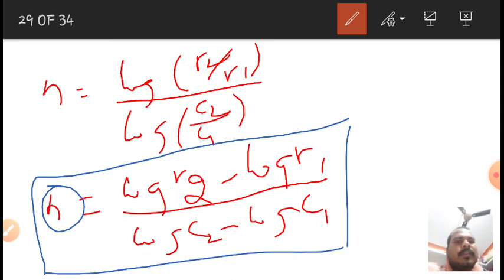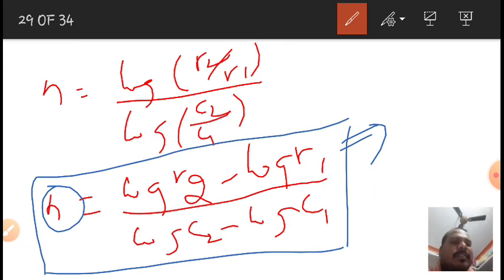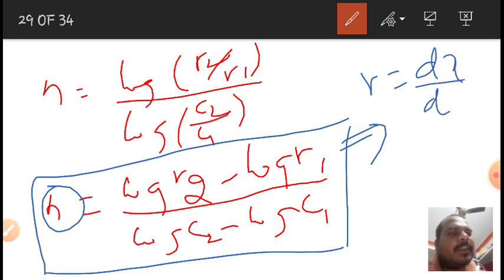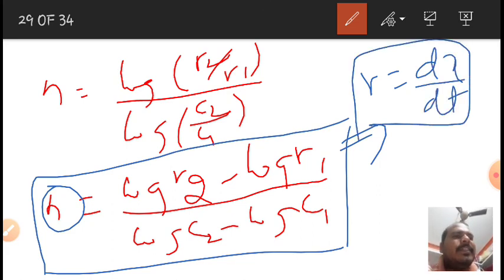Here n is equal to log R2 minus log R1 by log C2 minus log C1. Here R is dx by dt, which is a differential expression. So it is Van 't Hoff's differential method.